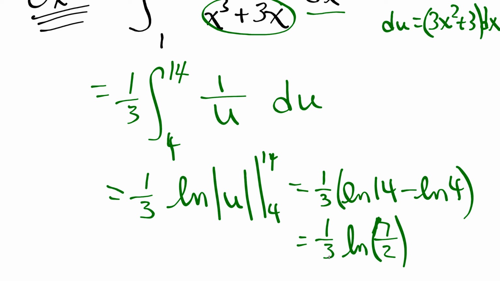Natural log of 7/2. Why? Because you'll remember that that minus means that those logs being subtracted came from the arguments being divided. That's the quotient property of logs. So this is 14/4, which is 7/2.